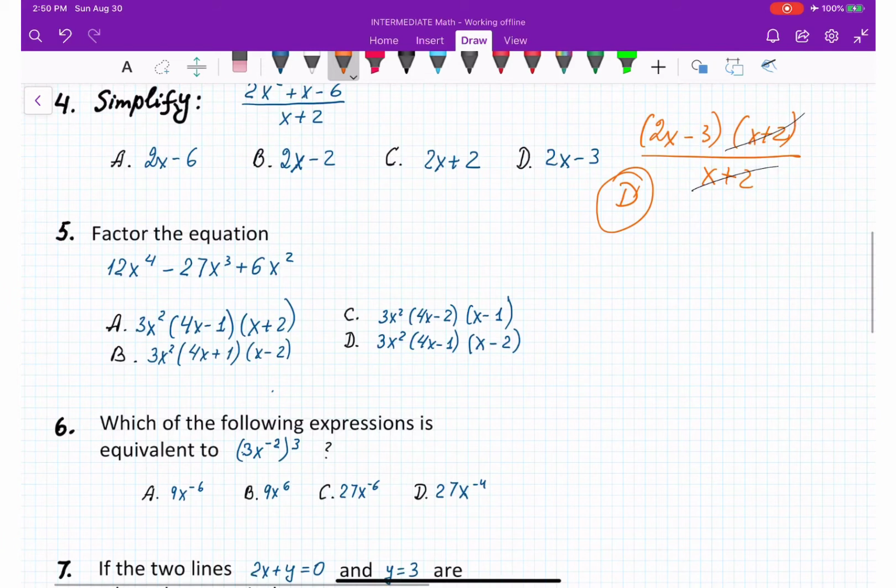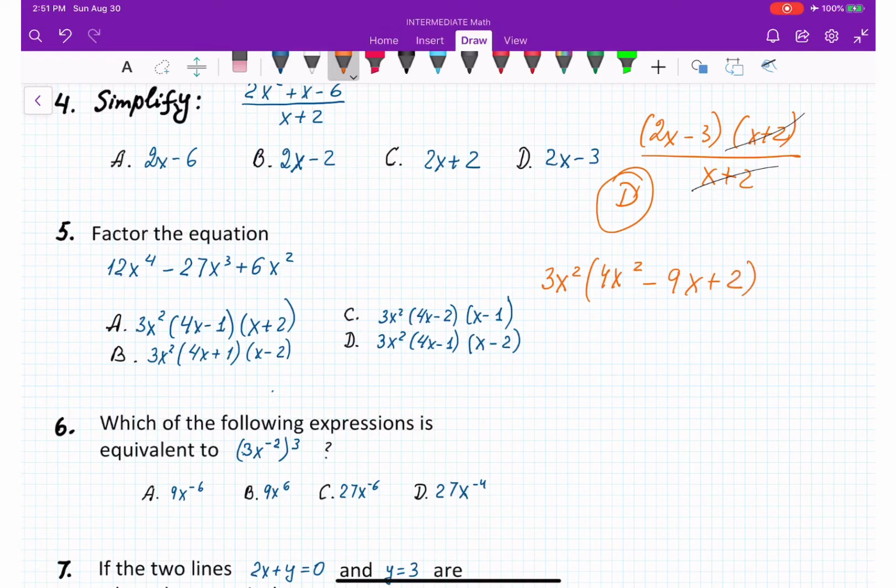Next one, factor the expression. Obviously, looking even at all the answers, it has a 3x squared common factor, so there is nothing to even think. Taking out 3x squared, what will be left? It's going to leave 4x squared, minus 9x, and then plus 2.